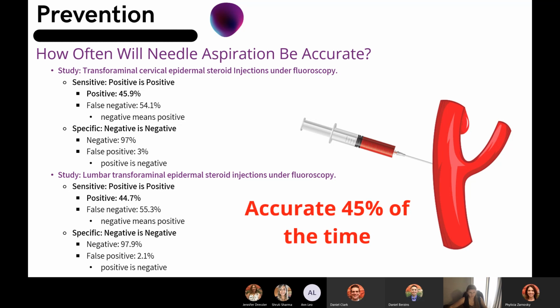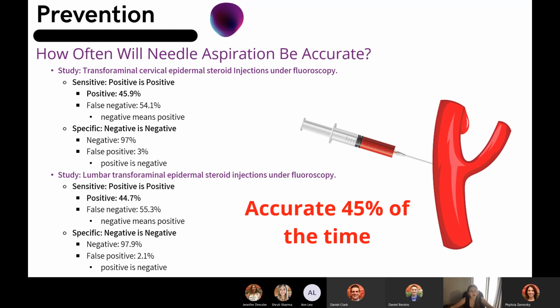In both studies, the specificity of needle aspiration was 97%. That means that if you did see blood in the hub of the needle, then you were most likely in an intravascular space. So these 2 studies show us that roughly 1 in 2 times there's no blood in the hub, you are in intravascular space.